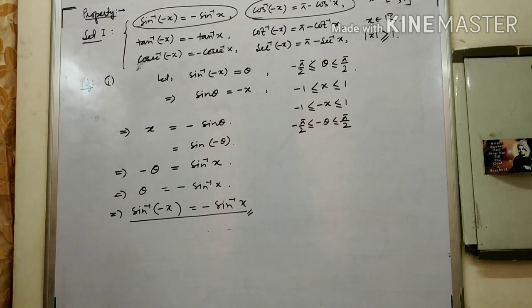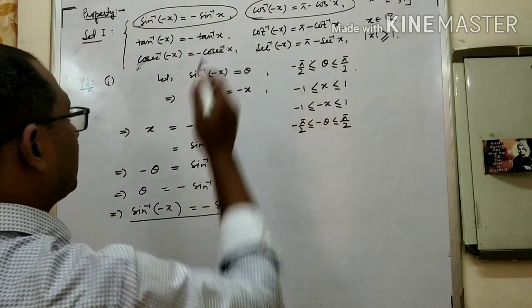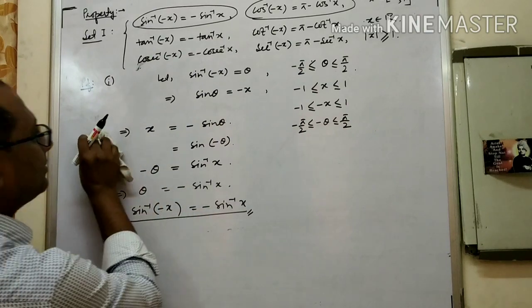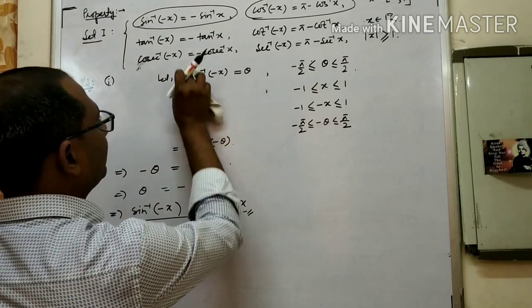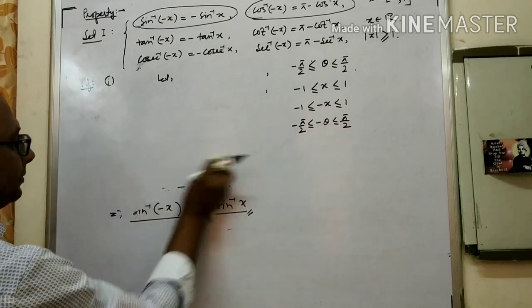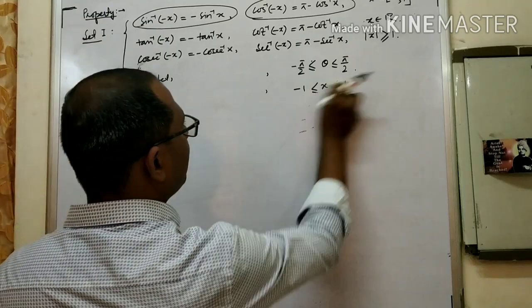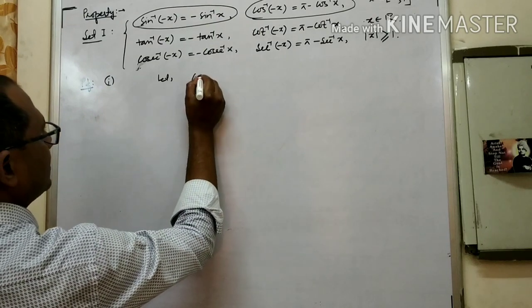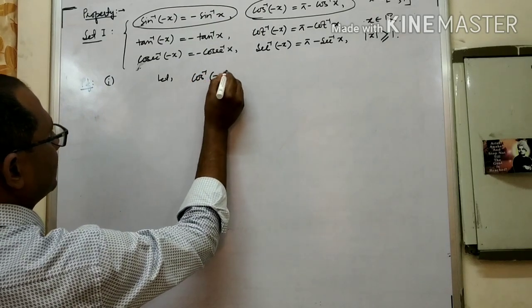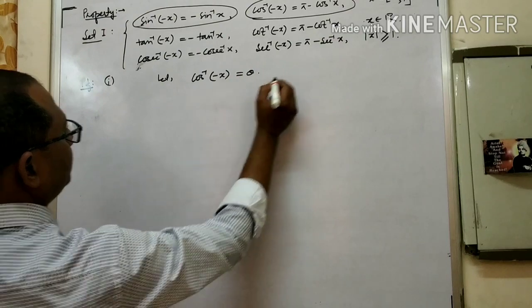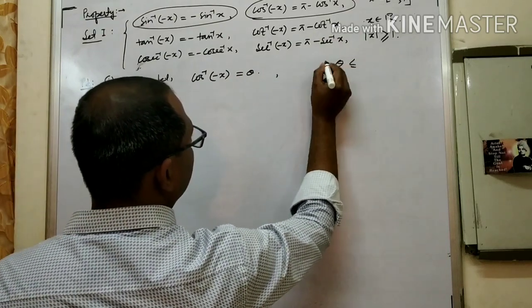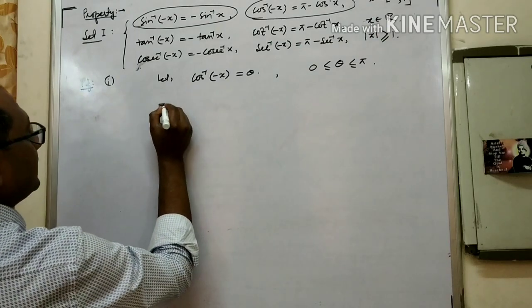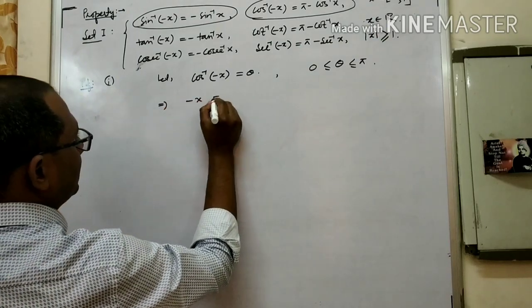Okay, now we'll go for the second one, that is cos inverse of minus x. So we'll again start like this. Let cos inverse of minus x equal to theta. Theta is lying in the principal range of cos, that is 0 to pi. So minus x will be equal to cos theta.